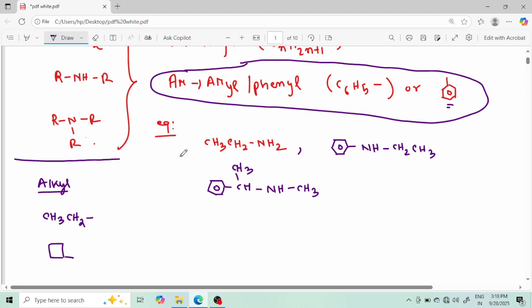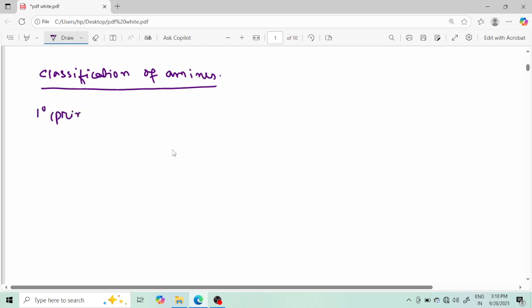Now if we talk about classification of amine, there are three types of amine. One is 1 degree, also called primary amine. Another one is 2 degree, also called secondary amine, and another one is 3 degree, also called tertiary amine.